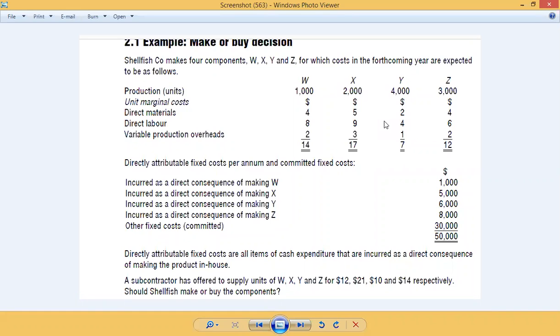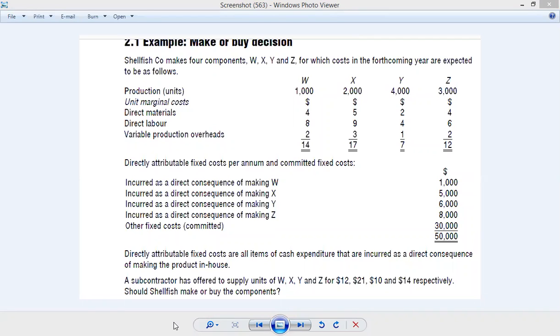Okay, so let's start. The requirements are at the bottom there, so just go to the bottom.